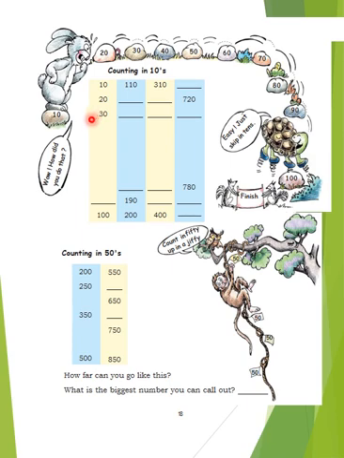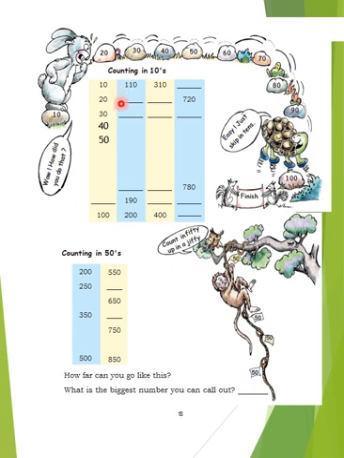Now we have to add 10 to 30. It becomes 40. 40 plus 10, 50. And like this you have to fill up to the number 100. Come to the second column. The first number is 110. You have to add 10 to 110.